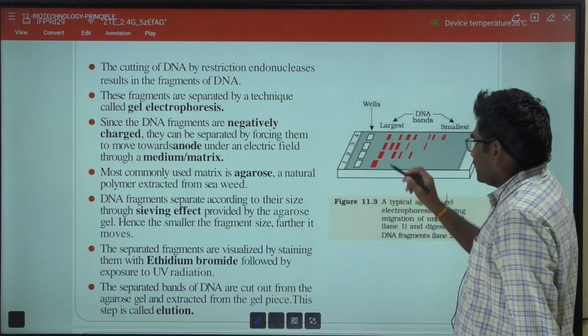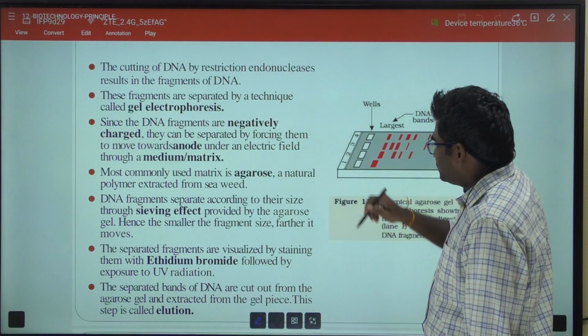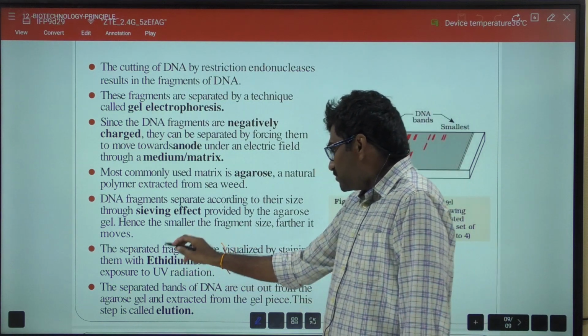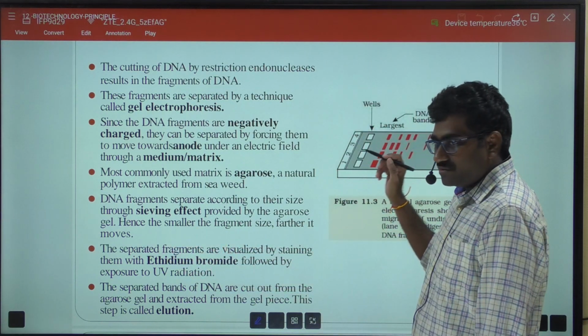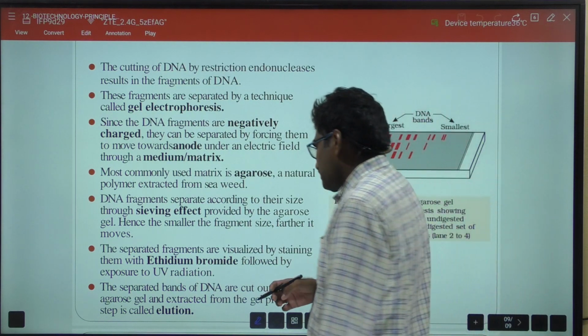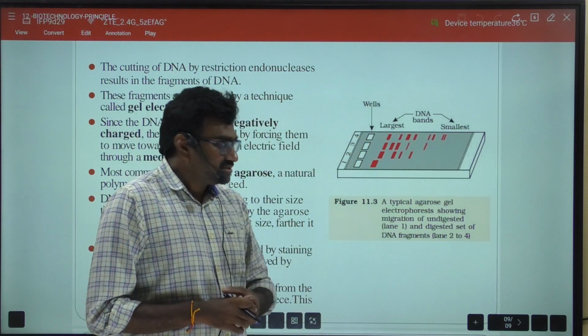Here these are the wells. Our samples are loaded in these wells. While loading the sample, ethidium bromide, a staining solution, is also loaded along with our DNA fragments in order to visualize the fragments under the UV light.